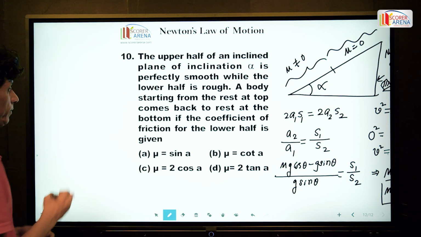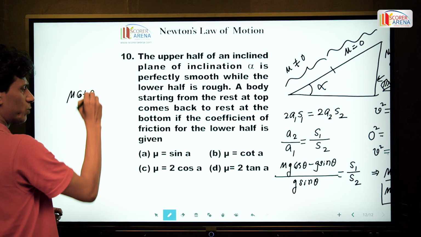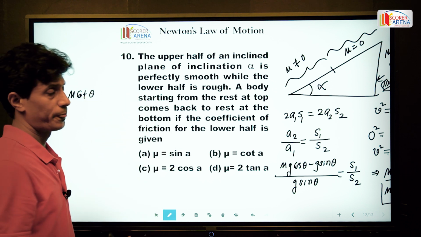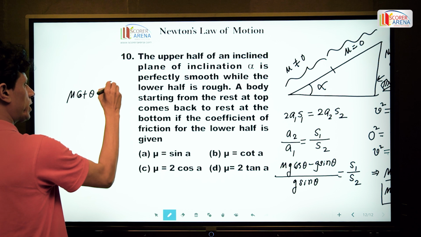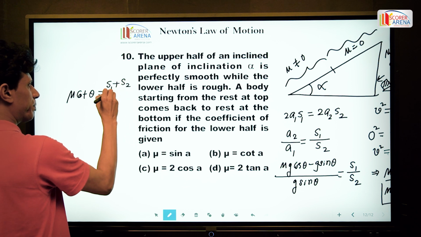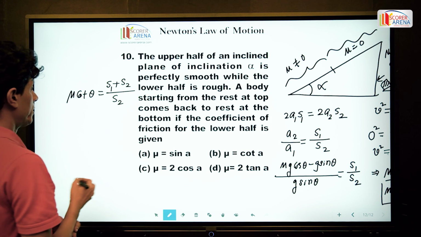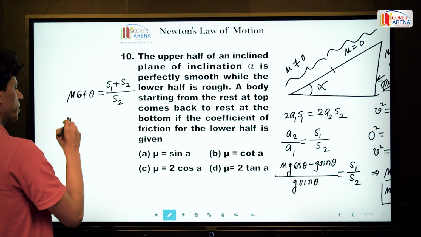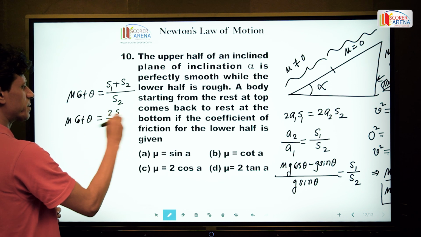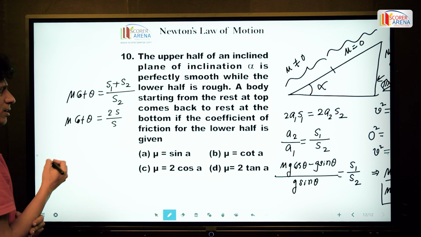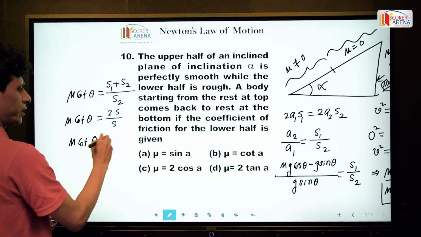So directly apply this formula in this type of problem: mu cot theta is equal to total path length by path length of the rough surface. If we put in 2s by s, then mu cot theta is equal to 2.